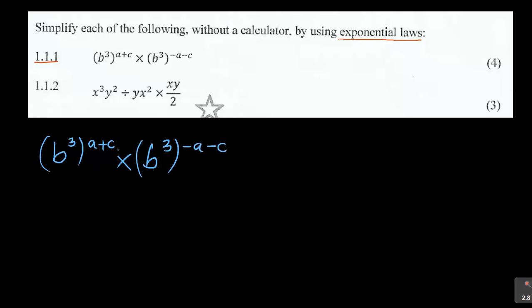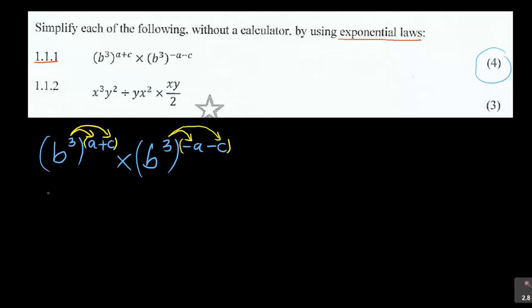I'm supposed to simplify without a calculator, and it is 4 marks, as you can see here. That's the mark allocation. What you need to understand is that these exponents work like a bracket there: the 3 will multiply each term, and similarly on the other side, this 3 will multiply each term.